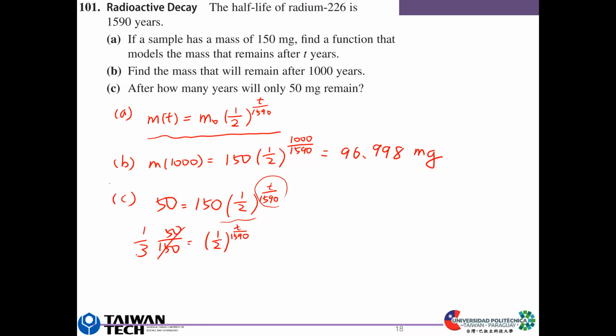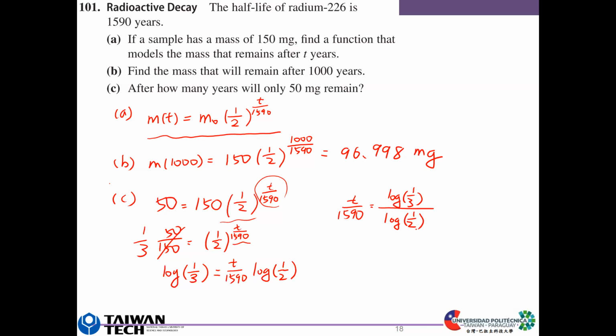So this is 1/3. Okay, and when we apply the log function to both sides, we have log 1/3 equals log of (1/2) to the power of t/1590, and the exponent can be put outside the log. So t/1590 equals log 1/3 divided by log 1/2.